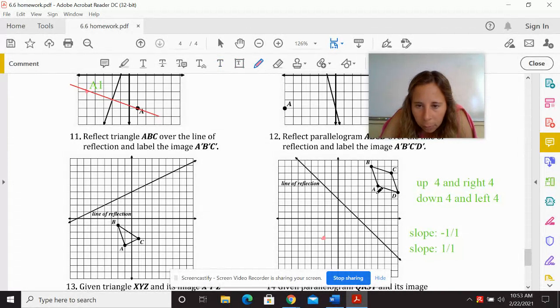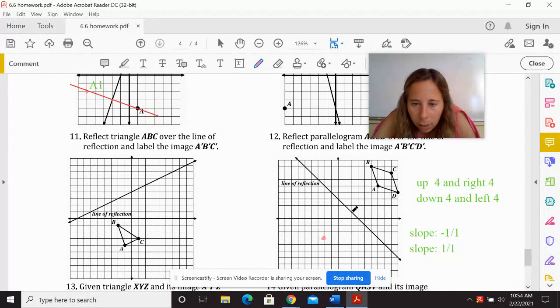And I'll get to the same point. Then you could do the same process for B, C, and D, or you can just do it based on how far away they are from A.